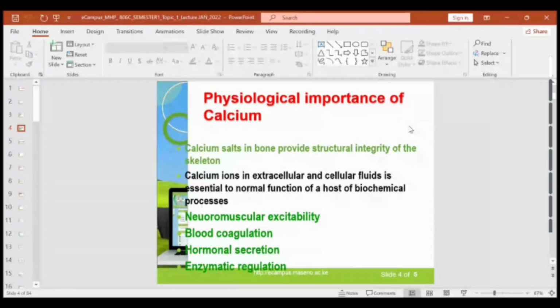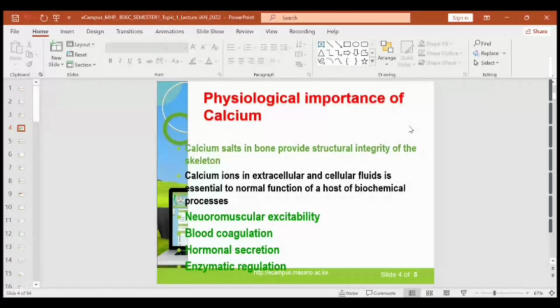In hormonal secretion processes or enzymatic regulation, calcium equally has a function it plays. At the end stages, we have the calcium channels, and they need to open. At the heart, your heartbeat right now, your heart is beating at a rate between 60 to 90.